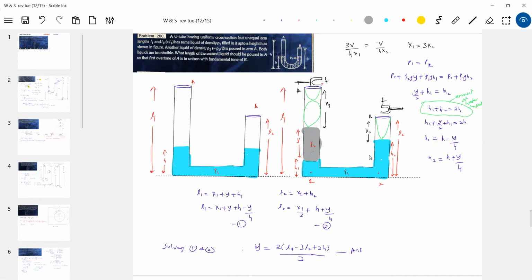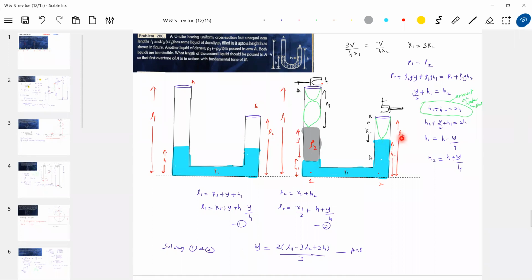No, for the answer, let me not do anything because I should not disturb the concept. See, if I pour some liquid, definitely denser liquid I'm pouring here, no? If I pour denser liquid, at least some liquid should rise up here. So that's what I took as H2.